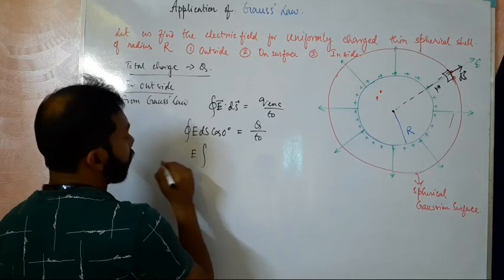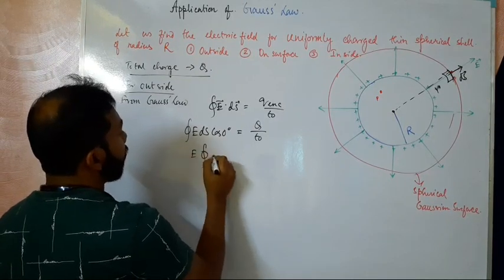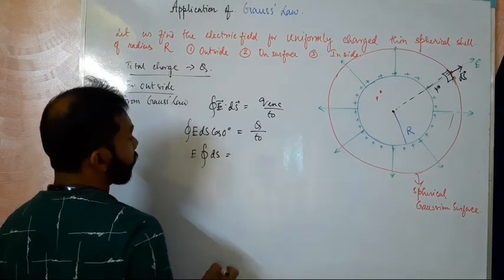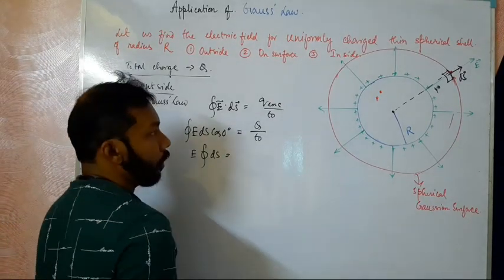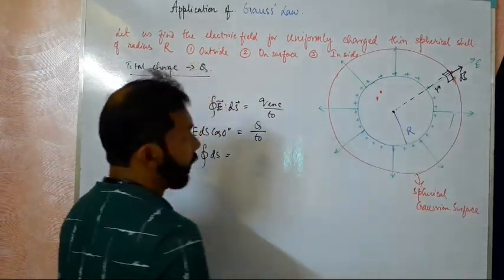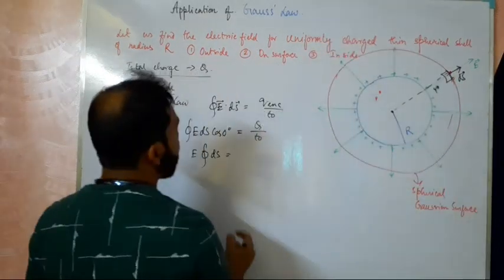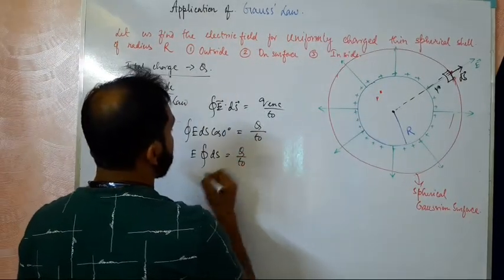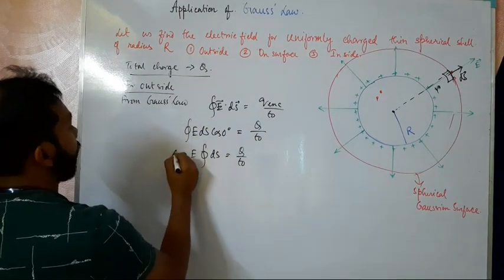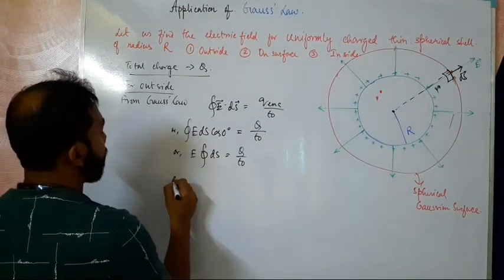E goes outside of the integration. dS is a small arbitrarily chosen area. We need to integrate all those dS over the total Gaussian surface, and Q by epsilon naught is the result of that.